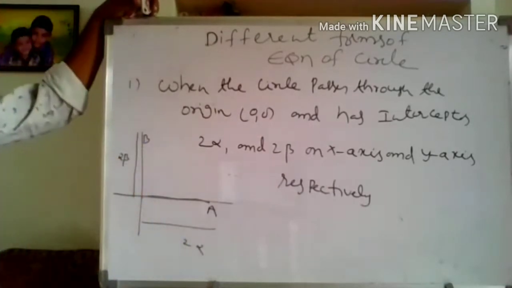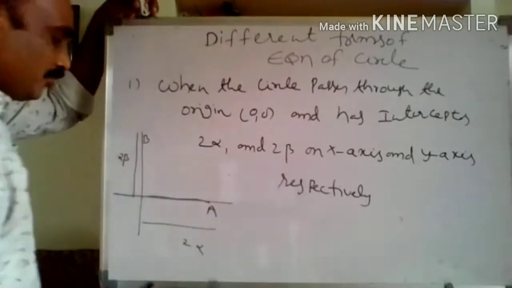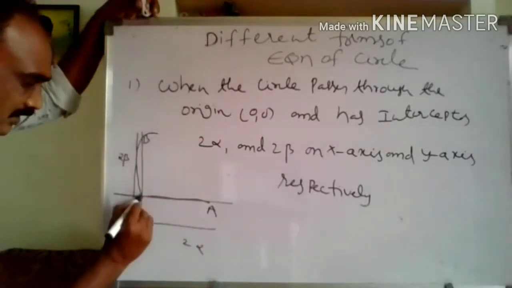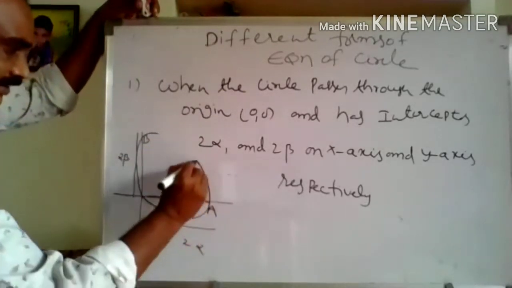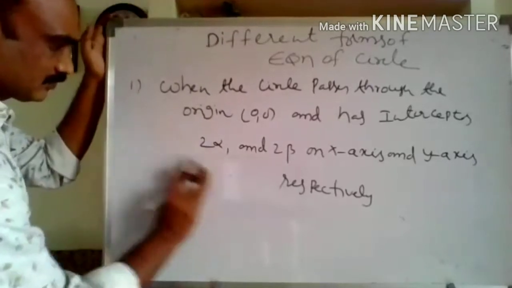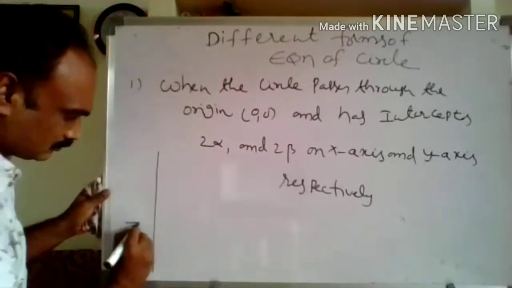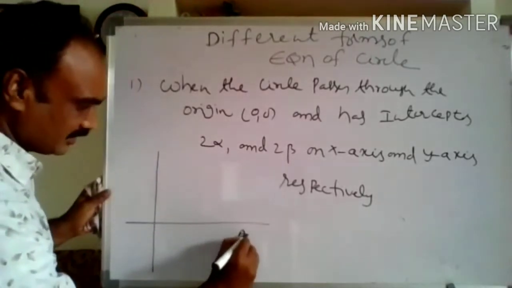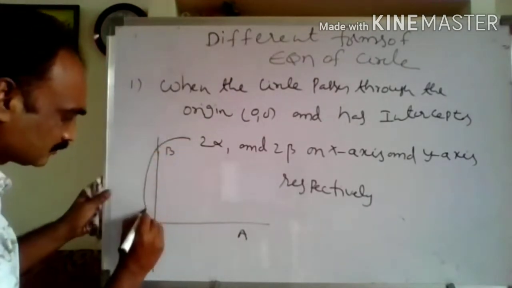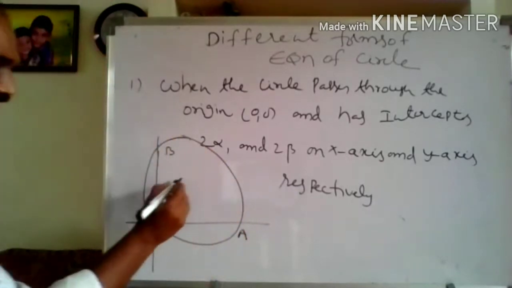A circle passing through the origin with x-intercept alpha and y-intercept beta. This is A, this is B. So this is the center.